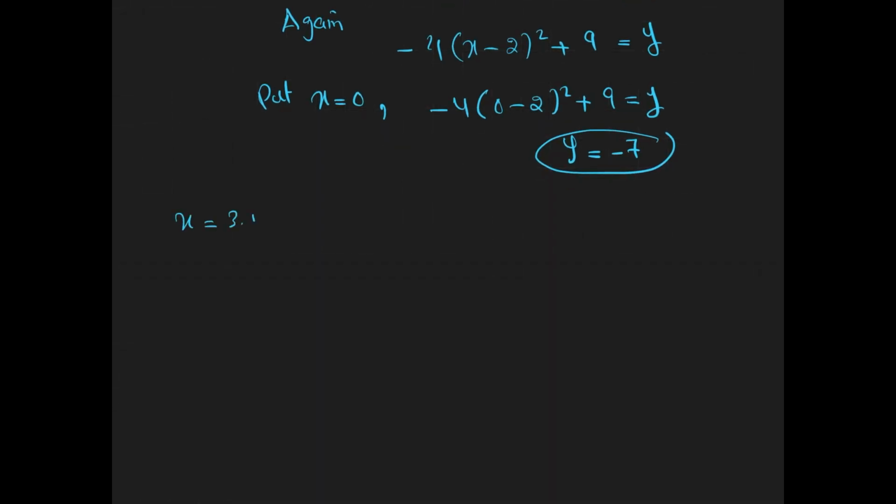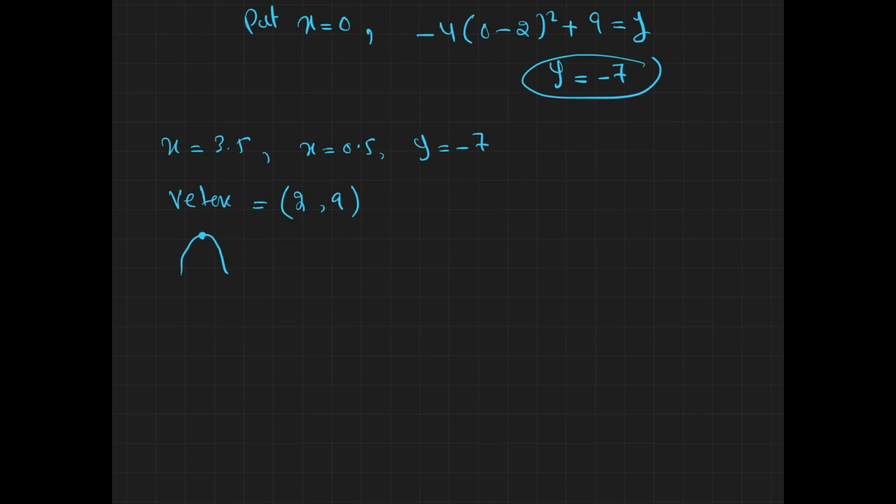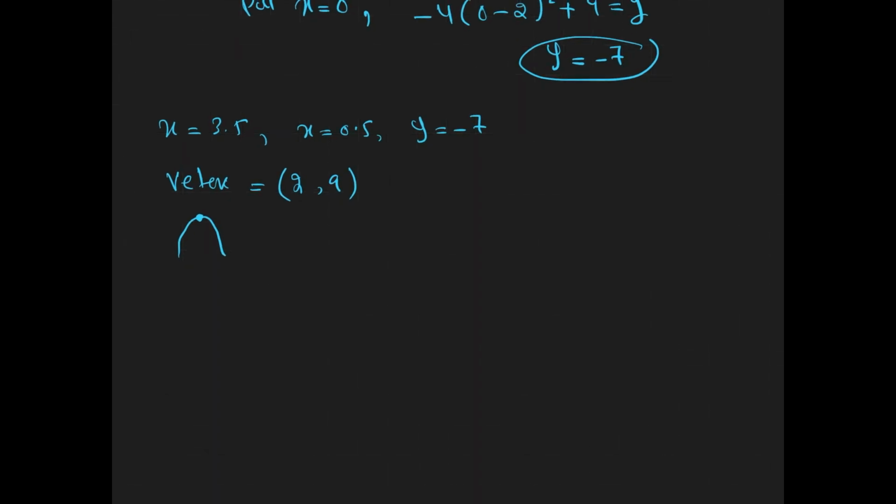The x-intercepts are 3.5 and 0.5, the y-intercept is minus 7, and the coordinates of the vertex, which we already worked out, are 2 and 9. The orientation of the graph is like that: the graph has a maximum point at its vertex. Having all this information, we can now easily sketch our graph.